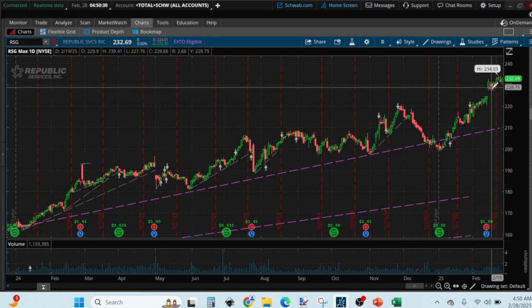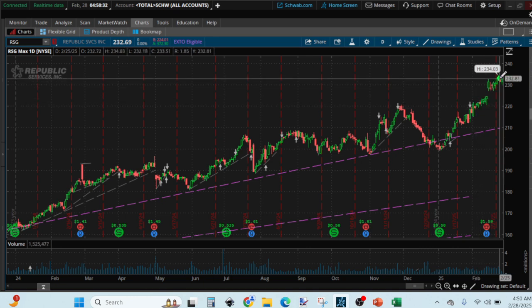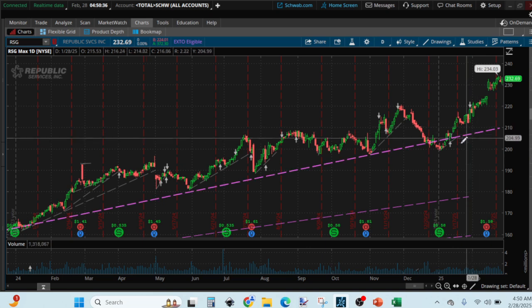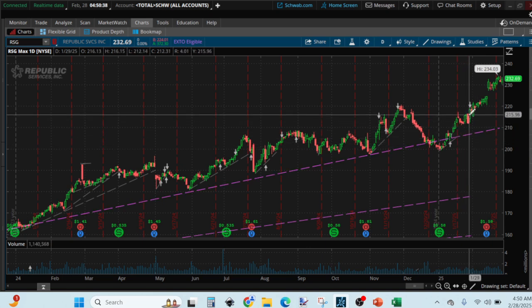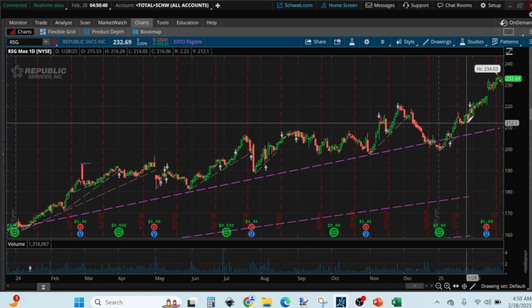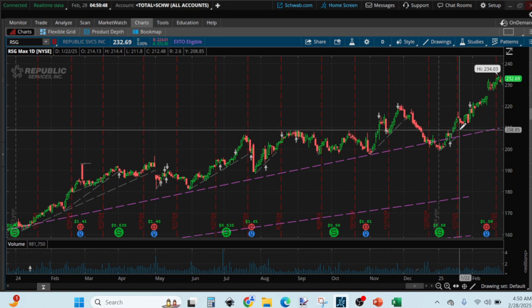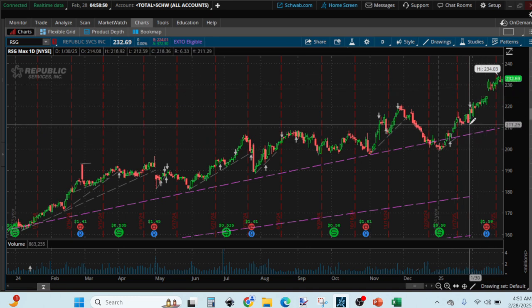Even though it's pulling back a little bit, it's making higher highs. It's not down yet, but we are glad to lock in some profit. You saw some of our stocks, ROST for instance, or RPM, that we got stuck in after we bought it. So taking those things into consideration, you can make a decision if you want to stay in the trade or get out to lock in some profits.